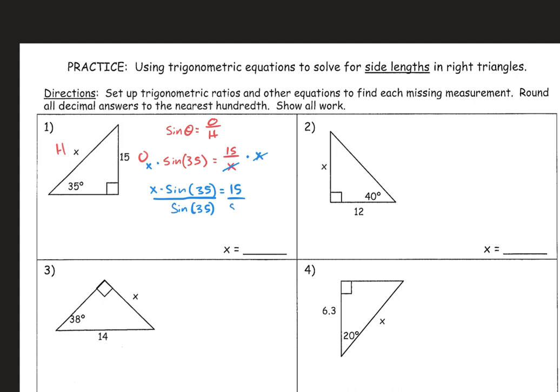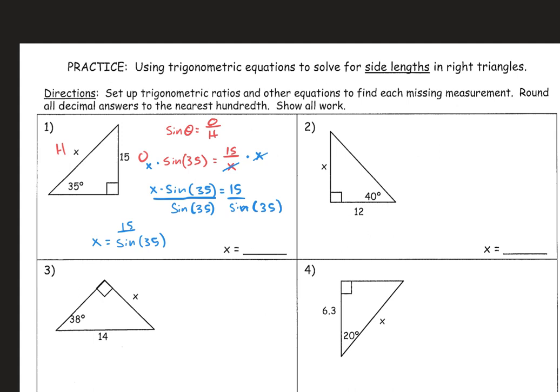Now pay attention to what's happening here. Notice the sine of 35 travels together. Nothing separates the sine and the angle. The sine of 35 will always travel together. Addition, subtraction, division, multiplication, none of that will ever separate sine and 35.